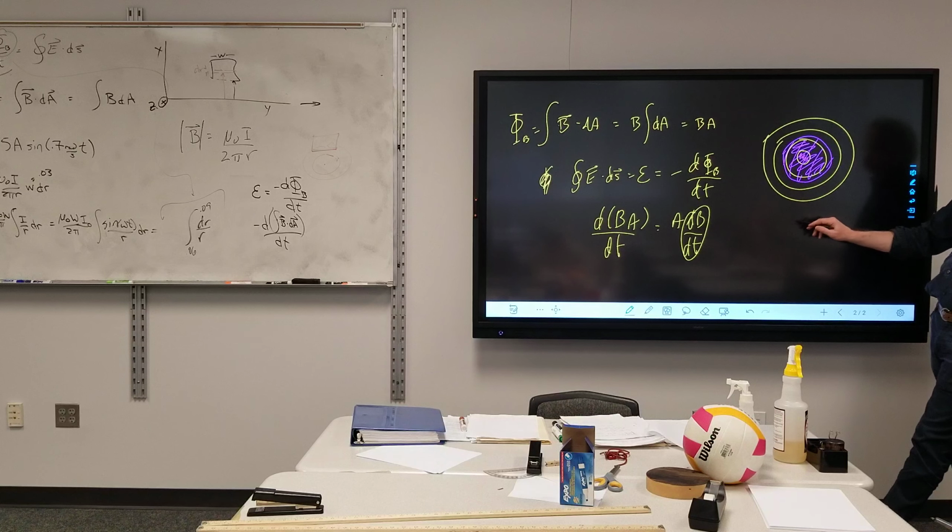If my magnetic field goes from 4 Tesla down to 2 Tesla, and I have a magnetic field going through an area of, say, 1 square meter, then I'm going from 4 Webers to 2 Webers.